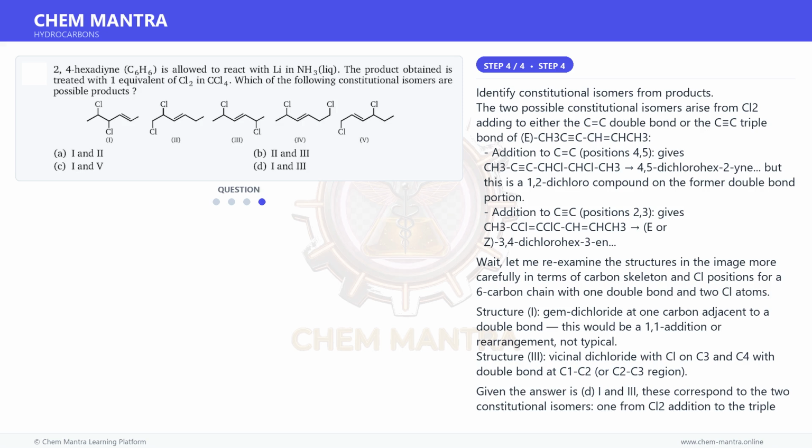And for the final step, identify constitutional isomers from products. The two possible constitutional isomers arise from Cl2 adding to either the C=C double bond or the C≡C triple bond of E-CH3C≡C-CH=CHCH3.